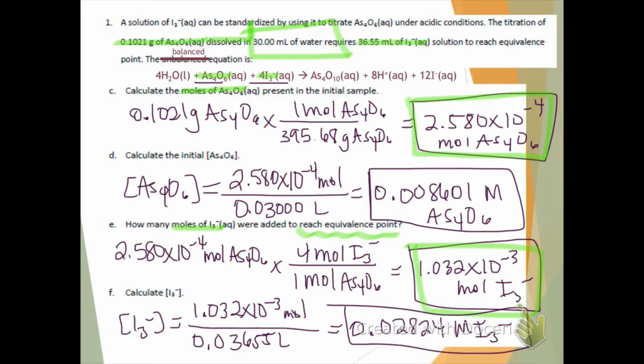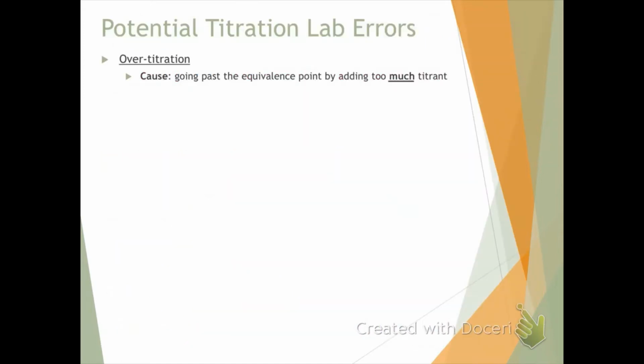With any lab, such as a redox titration, we need to talk about and understand potential lab errors. The first potential titration lab error is over-titrating. When we over-titrate, we go past the equivalence point by adding too much titrant. We need to know how this is going to affect our data. If we add too much titrant, it's going to take more to reach our perceived equivalence point.